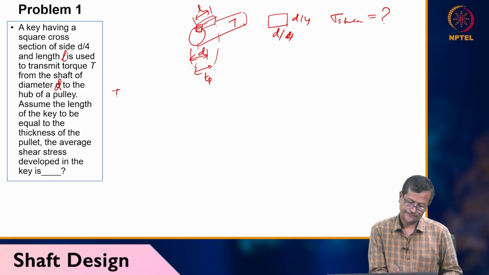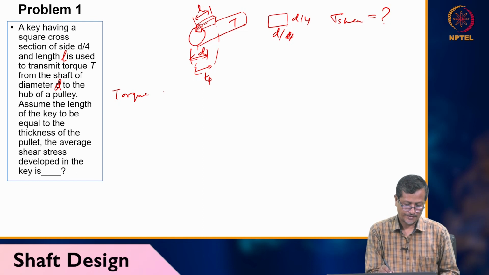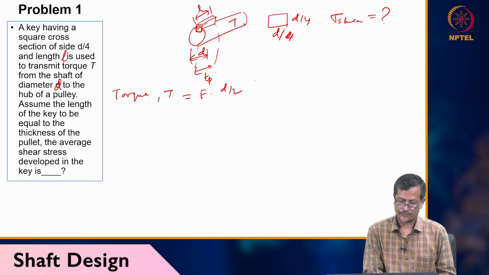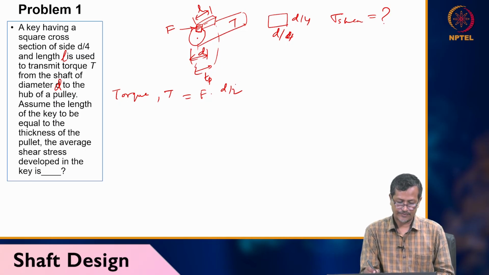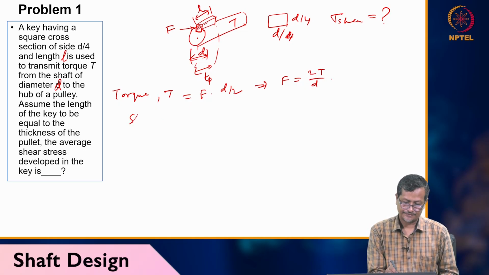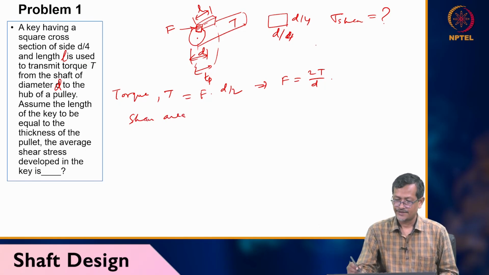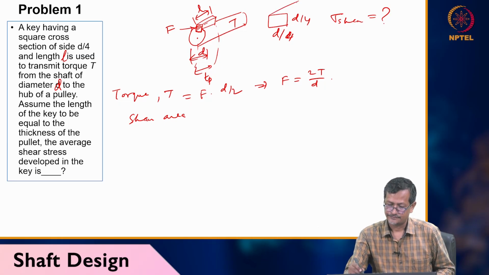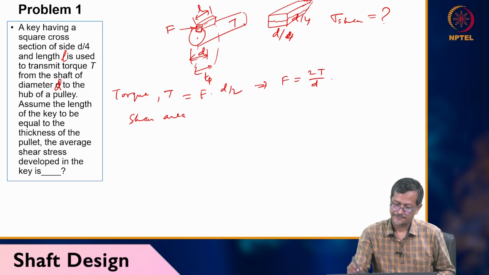So torque T equals F into D by 2. Let's say this force is F. So torque is F into D by 2, which implies force equals 2T by D. Now the shear area will be this one. This is your shear area.